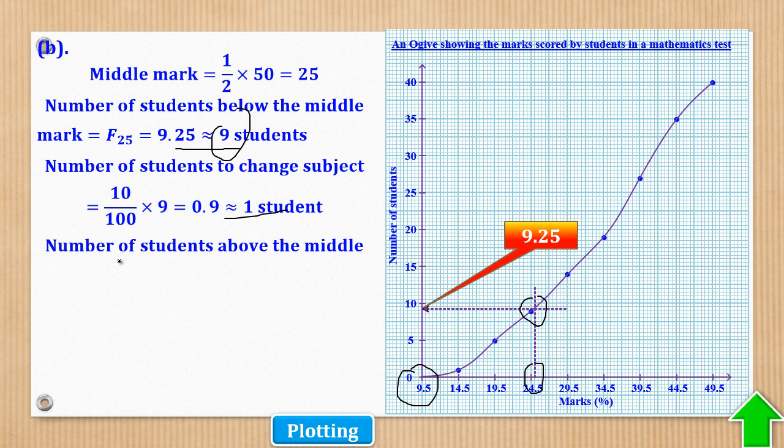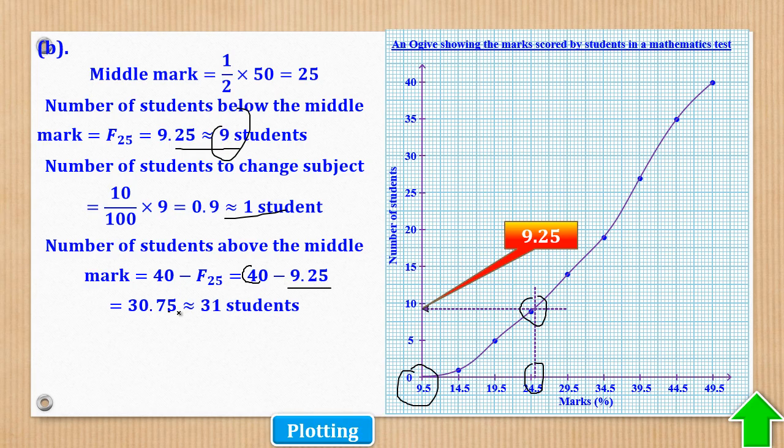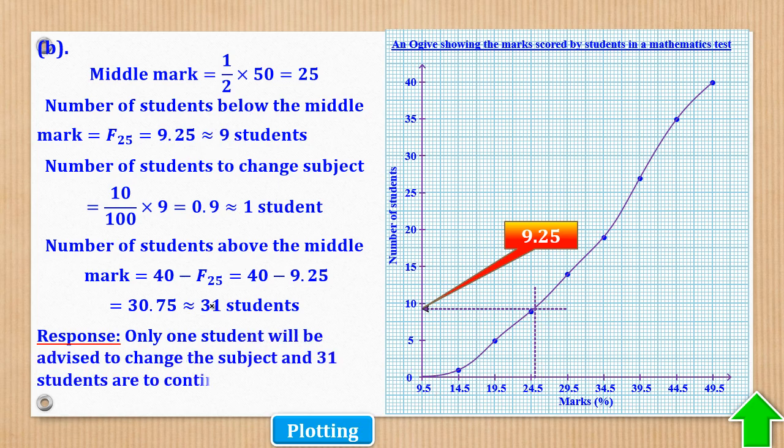The number of students above the middle mark will be 40 minus this, which will give you 31. So only 1 student will be advised to change the subject, and 31 students are to continue with the subject on merit.